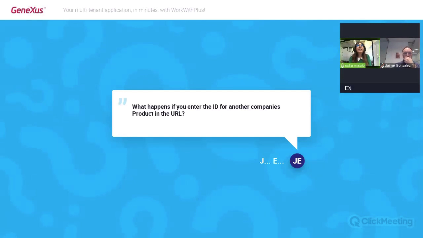Hi Jack. What happens if you enter the ID for another company's product? The company ID is included by rules. Maybe you don't have to use them as parameters, and of course you can always work with the encrypt parameters property, so you don't have the plain value there.